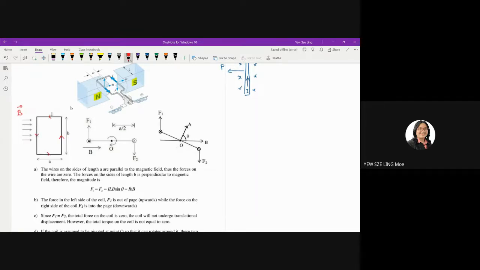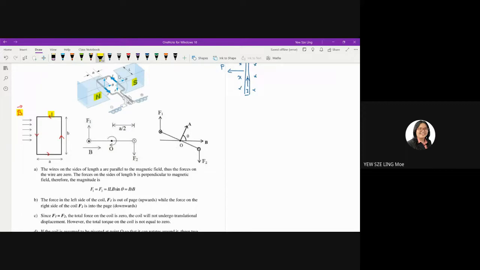Now, when it comes to coil questions, what are you going to do? If you want to check how it rotates, you look at the force acting on the sides that are perpendicular to the magnetic field. For instance, look at B and the first I. Current is going to the left, B is going to the right.